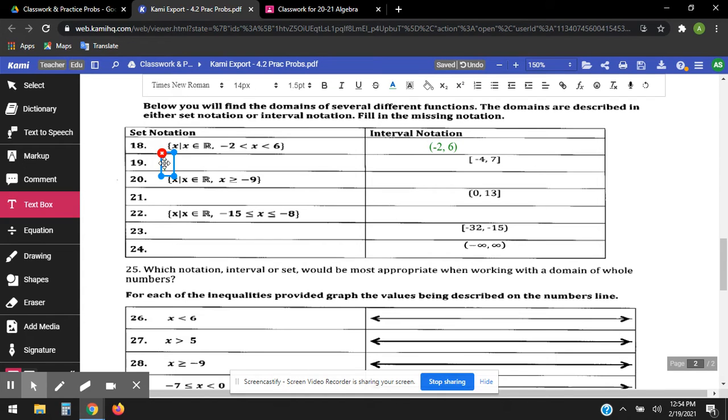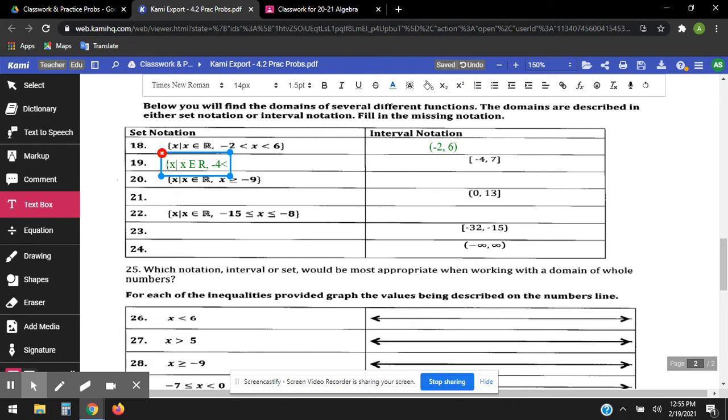Now, conversely, I want to do this one backwards. Well, if I'm doing all the numbers in between, then I know I'm going to need x, and then the symbol for 'element of', and I don't have that symbol, so I'm just going to put a capital E in my case because I don't have that symbol on my keyboard. And I'm going to do real numbers. But I'm going to start with -4 because that's my first one over here. And it's greater than or equal to.